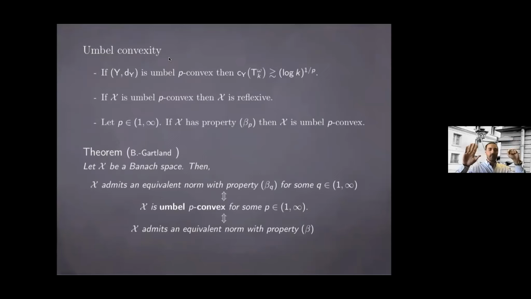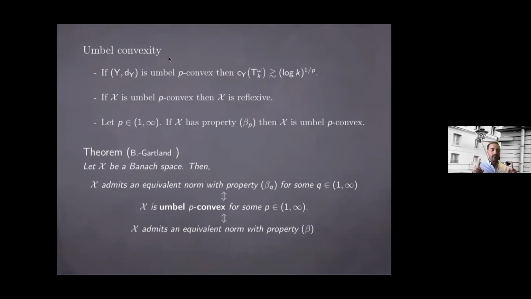So why is this a problem? This is a problem for us because Umbel convexity is stable under uniform homeomorphism. Okay. In fact, it's stable under various notions of nonlinear quotients, okay? Lipschitz quotients, uniform quotients, coarse quotients, and so on. So because of this, Umbel convexity cannot solve the problem.